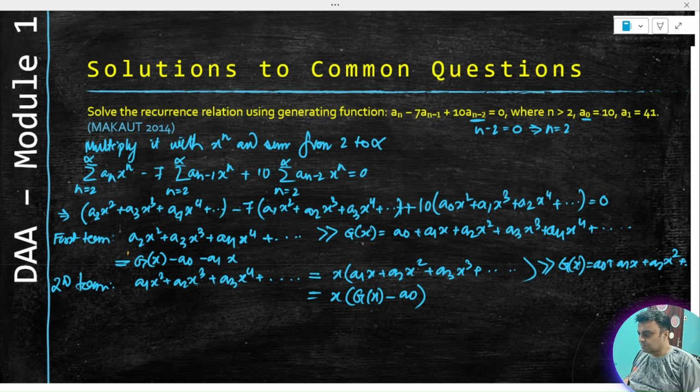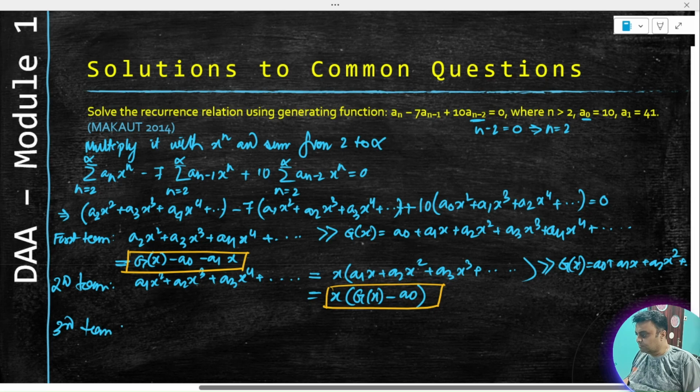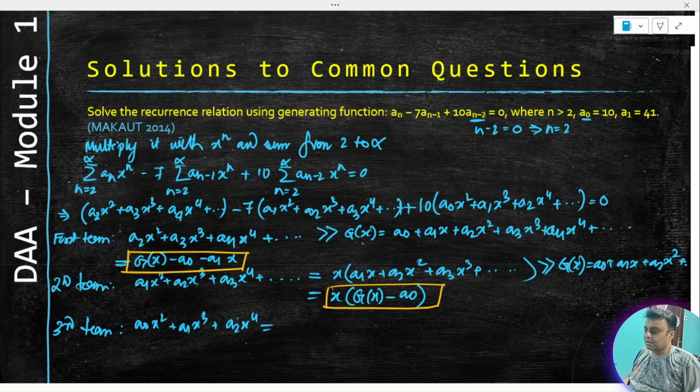So this is my first term, this is my second term, and we are moving into our third term. Our third term will be a naught x square, a1 x cube, a2 x4, and you can of course imagine that two x's are extra here. You should have had a naught x0, but you have x2, and a1 should have had x1, but you have a1 x3. Two x's are extra, so factor out that x square.